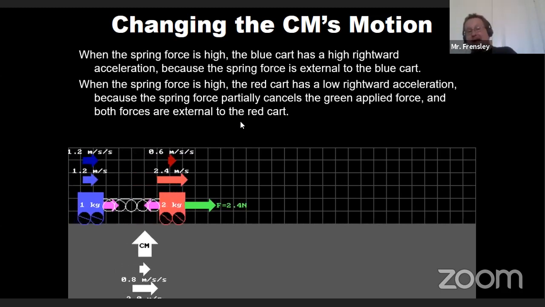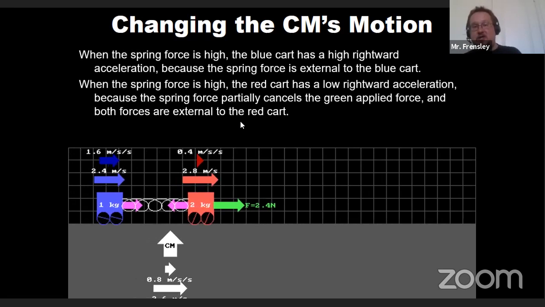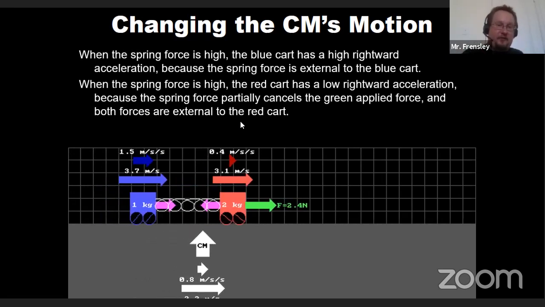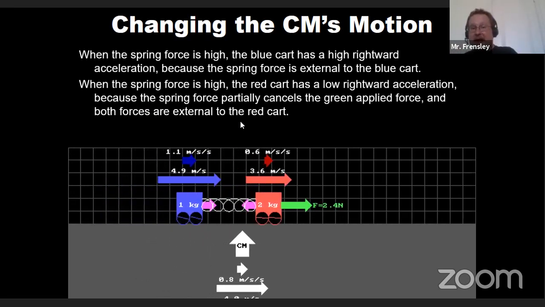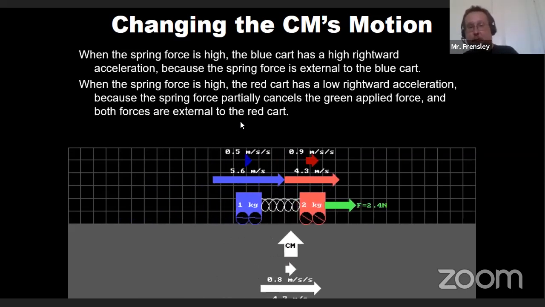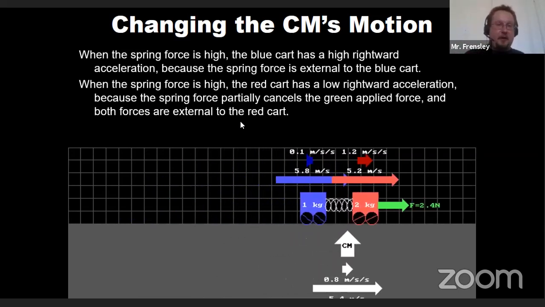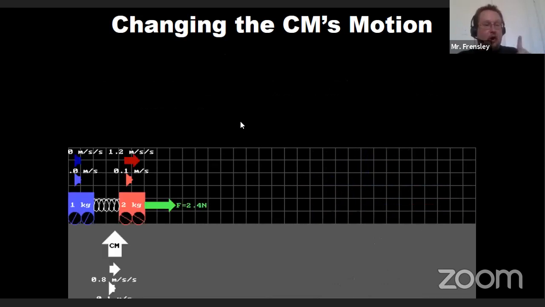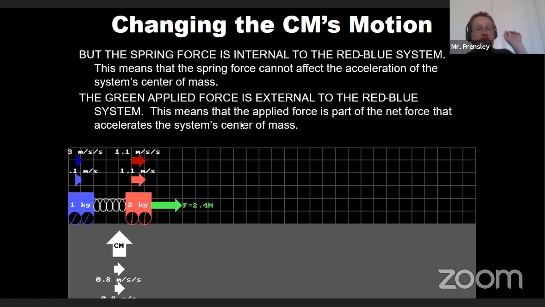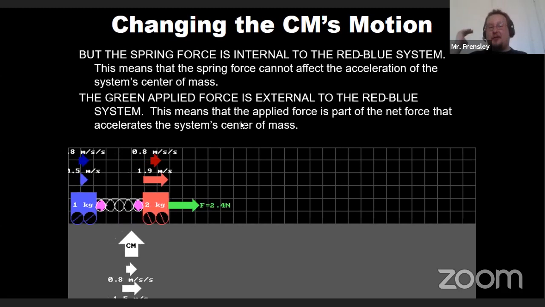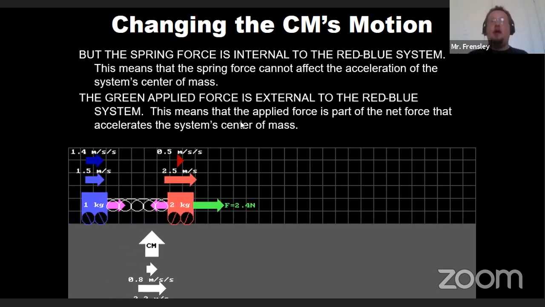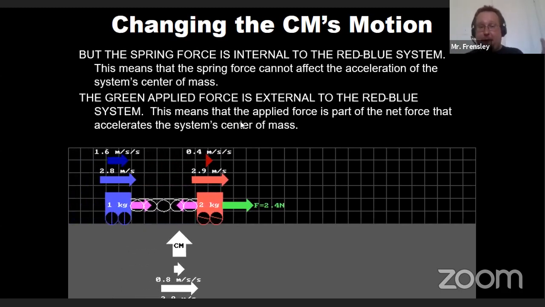Looking only at the red, it has a lot of acceleration, except when its backwards force is big. Looking only at the red, the external forces are the green 2.4 newtons and the pink spring force. But looking at the two carts as a system, the spring force is internal and the green applied force is external.